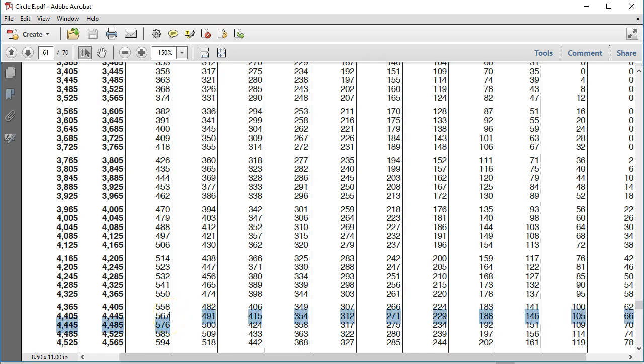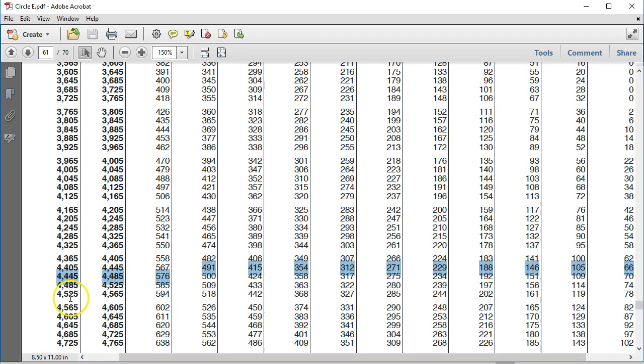So that's going to be 491. Wait a second, that's 4405. It's actually 4340 we're looking for. So 4325 to 43. It's going to be between this column, which I believe is that 474 that we want. Yeah, that 474.